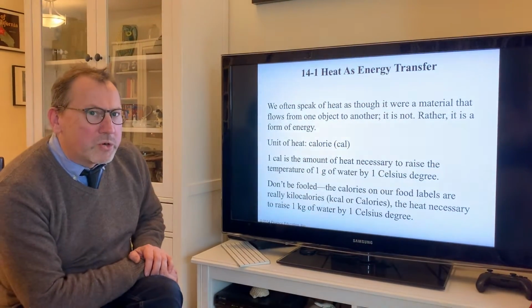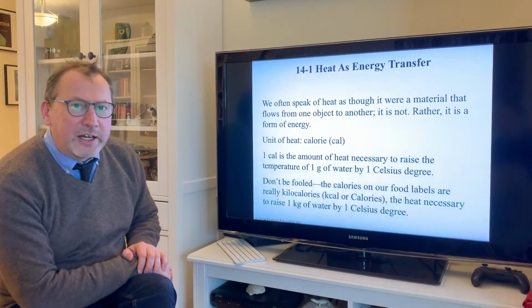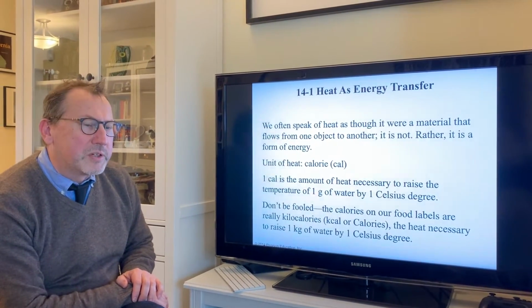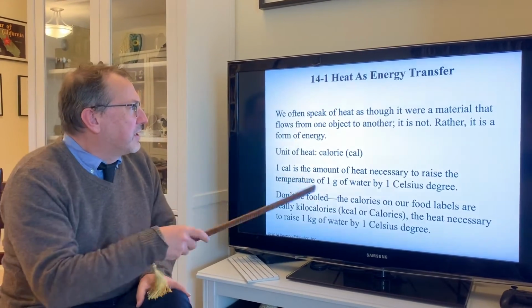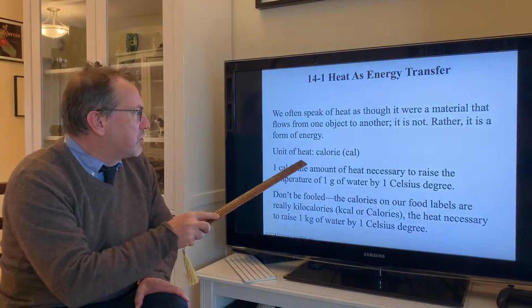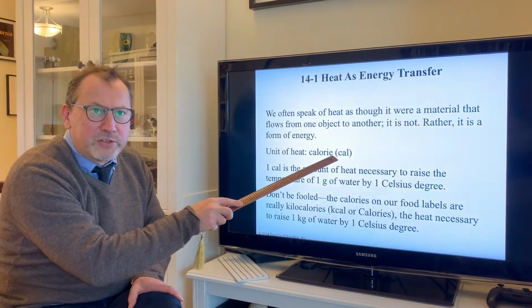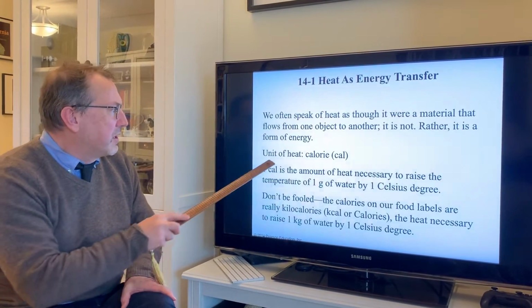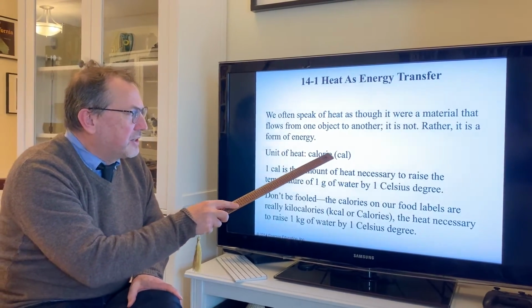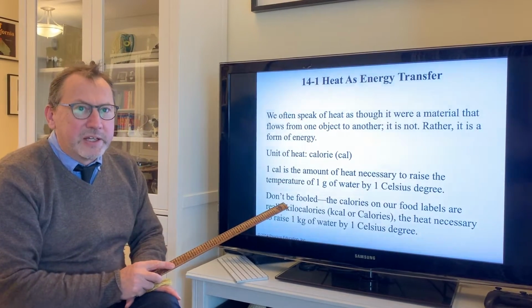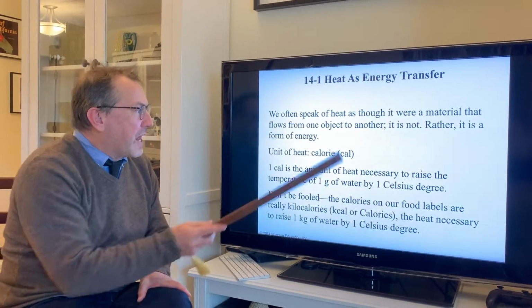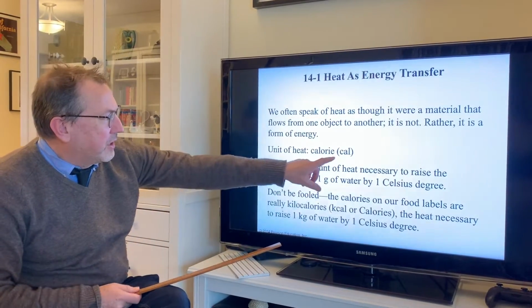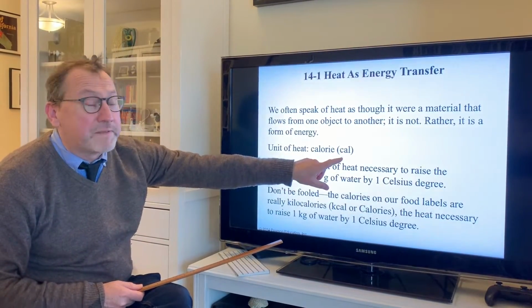Because we've talked about energy, and in SI units, we know that the unit of energy is the joule. And so it says here that it is a form of energy, so why don't we have the joule there? Well, the reason is because this unit here, the calorie, is defined in terms of heating of water. So the definition of a calorie, now we have to be a bit careful here, this is a little c here, this is a physics calorie.